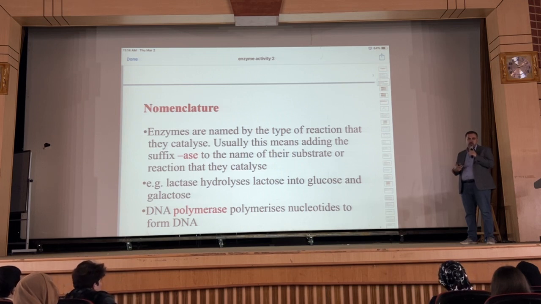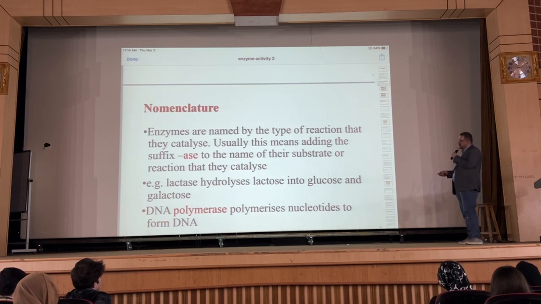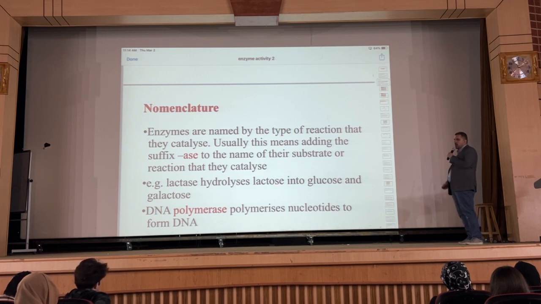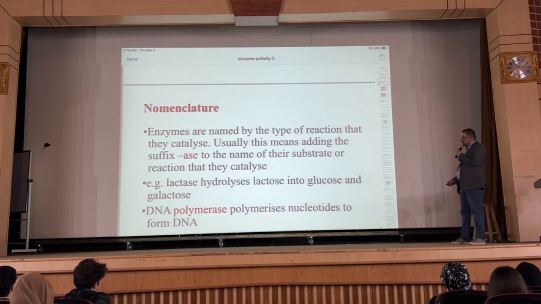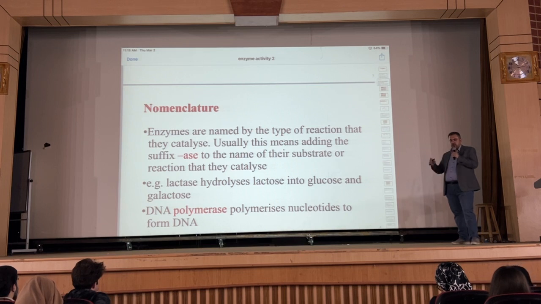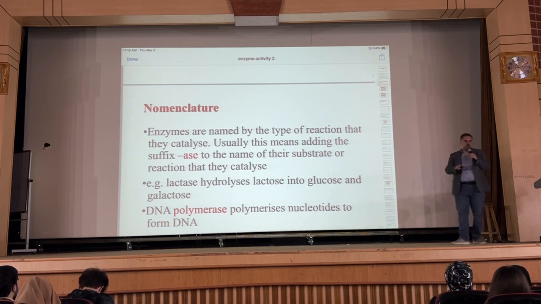Lactase, just adding the ASE, acts on lactose, converting it to glucose and galactose. Or the name is derived from the reaction that they catalyze, for example, DNA polymerase, which polymerizes nucleotides to form DNA. So the name is usually from the substrate or the reaction.